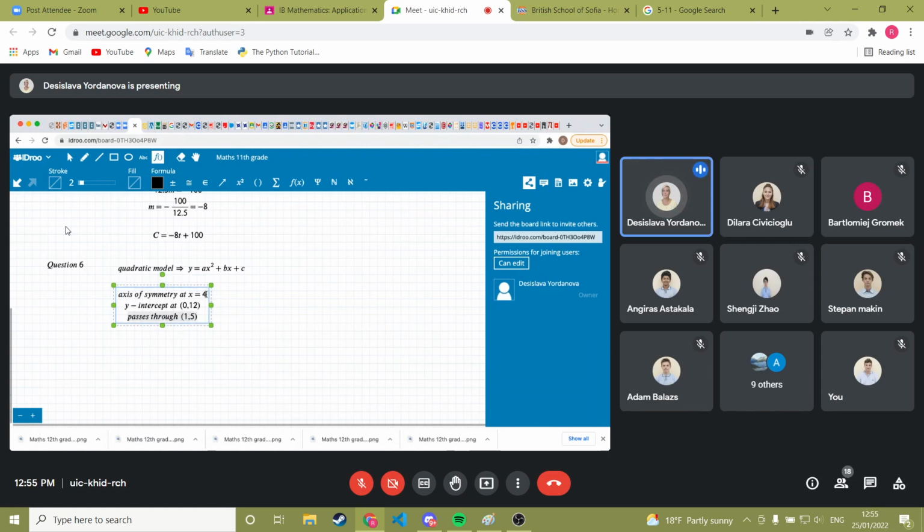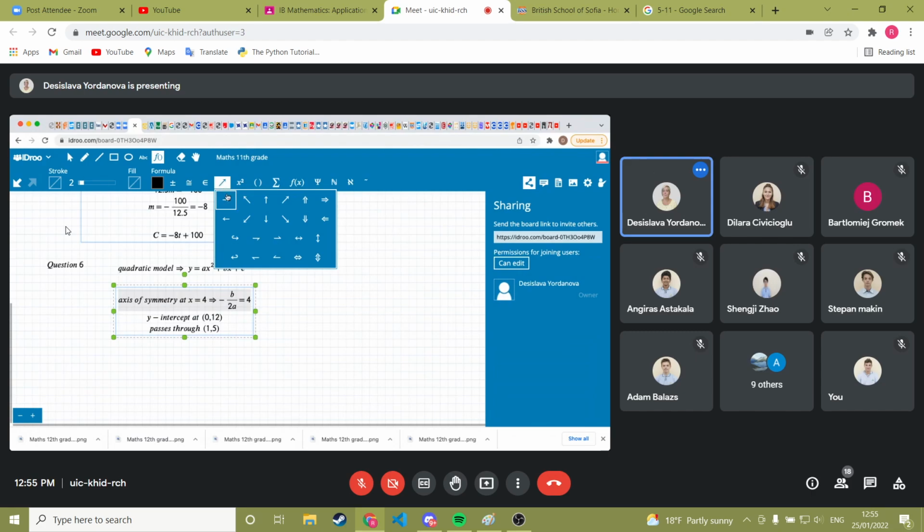Now let's see how we can use each of them. Somebody mentioned maybe Dilara or Nicoletta. The first one means what? It means that 4 equals minus b divided by 2a. So minus b divided by 2a equals 4. Can we simplify it a little bit? I think yeah. How?